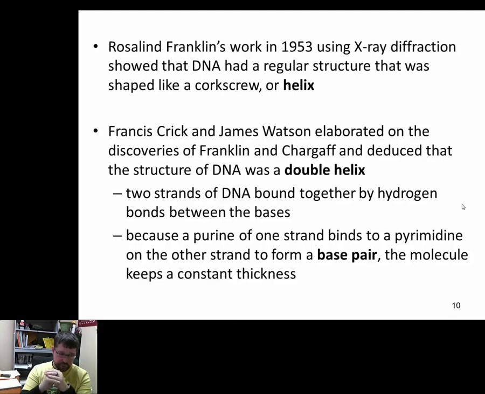Now, I'm not bashing Crick and Watson, because they did give Rosalind Franklin and Maurice Wilkins credit for the discovery of the double helix. Their publication came later, and they won the Nobel Prize later, and Rosalind Franklin had already died of cancer when Francis Crick, James Watson, and Maurice Wilkins won the Nobel Prize for the discovery of the shape of DNA.